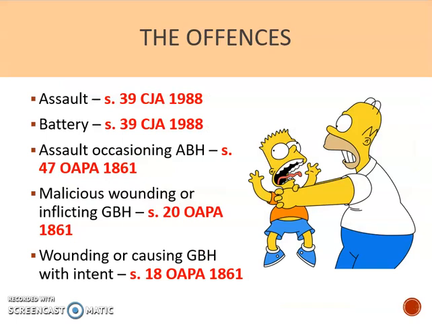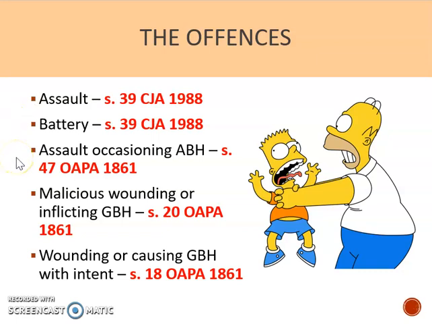As a reminder, before we start, in this topic of non-fatal offences, there are 5 offences that you need to know about, and they go on a gradient from the least serious to the most serious. So assault and battery we looked at in our first video tutorial, and both of those have a maximum 6-month sentence.